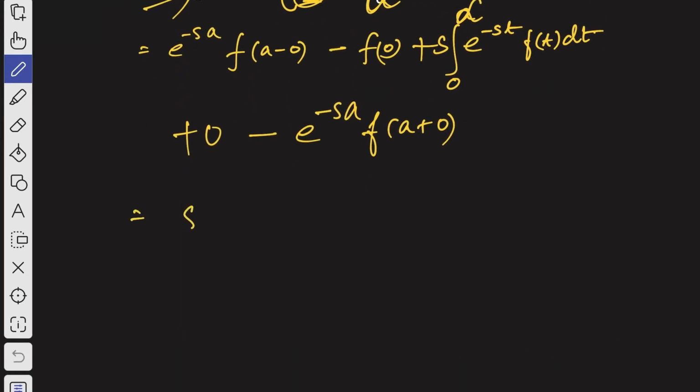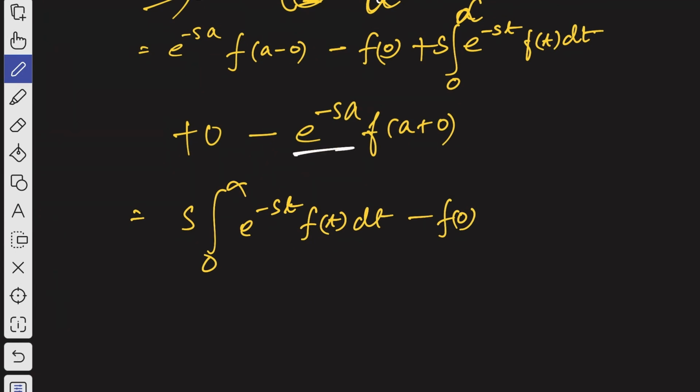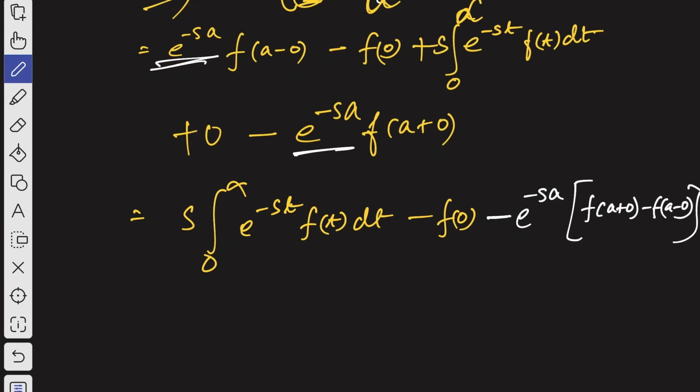So if you simplify this, what you will get? S into 0 to infinity e to the power minus st f of t dt minus f of 0, right? And from these two terms you can take this common. E to the power minus sa can be taken common. If you take e to the power minus sa common, and the negative sign common, then you will get f of a plus 0 minus f of a minus 0. That's what you will get.